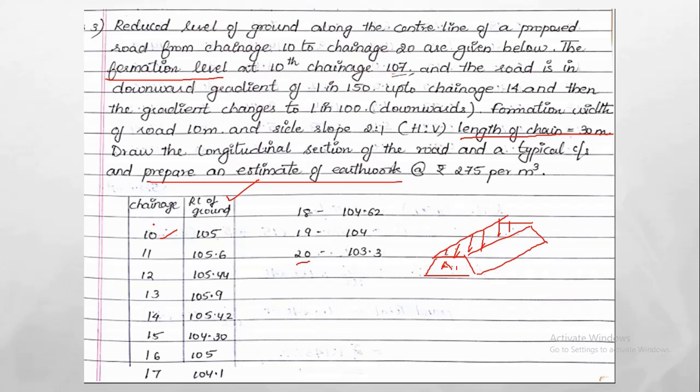That means at the 10th chainage, the reduced level of ground is 105 and the formation level is 107. Actually, what does that imply? The ground level is at 105 meter and the formation level is 107. That means we have to add more soil to the ground to increase the level of road to reach that 107 mark.